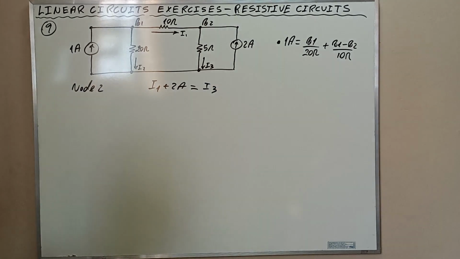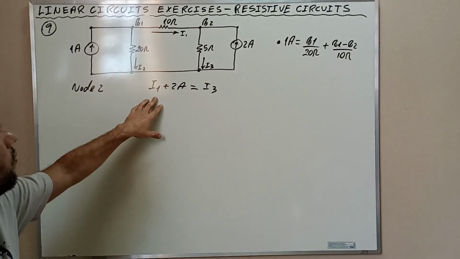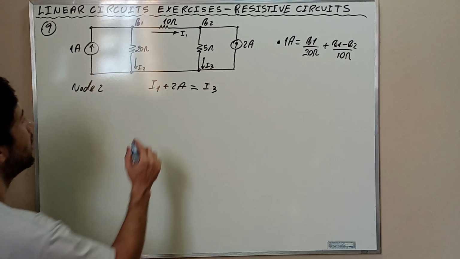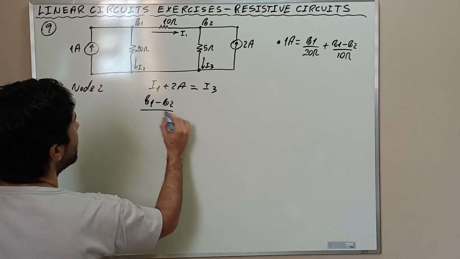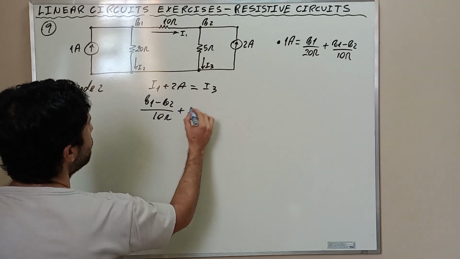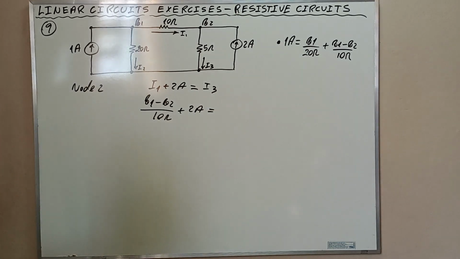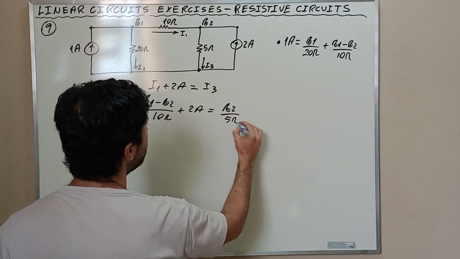Alright, my friends? And instead of leaving it the way it is, we are going to write it in terms of voltages and resistances. I1 is V1 minus V2 divided by 10 ohms plus 2 amps. And how do we write I3? I3 is V2 divided by 5 ohms.